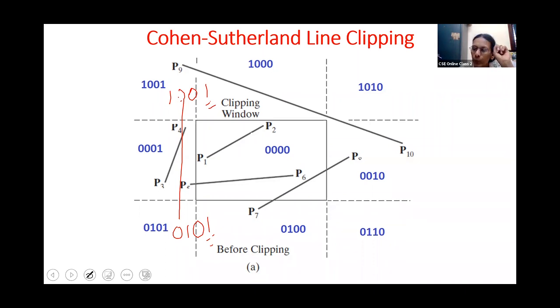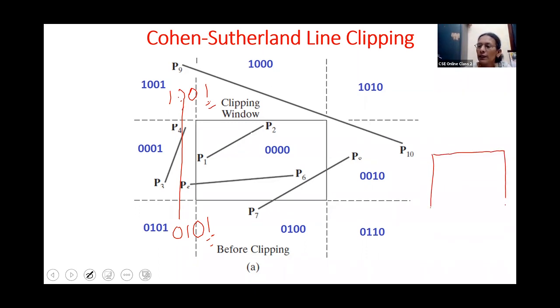What is bit 1 corresponding to? That corresponds to the left boundary. If the point is to the left of the left boundary, then this bit is going to be set to 1. And so that means the entire line is falling to the left of the left window, and so that can be totally rejected.